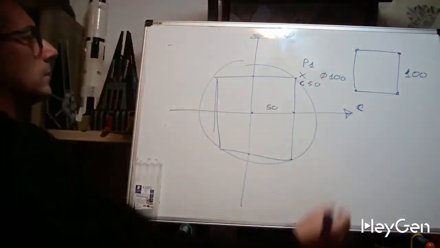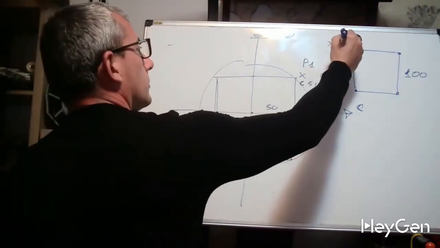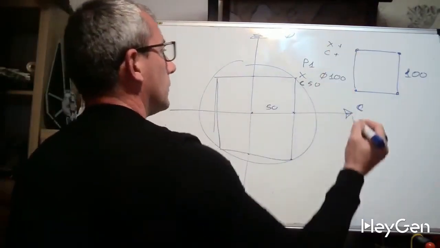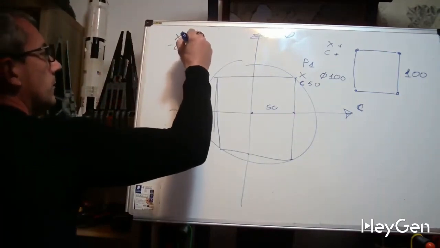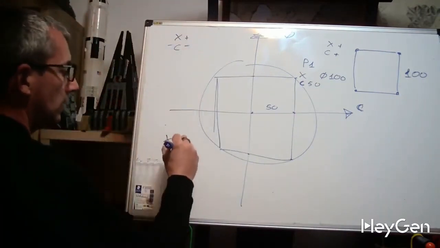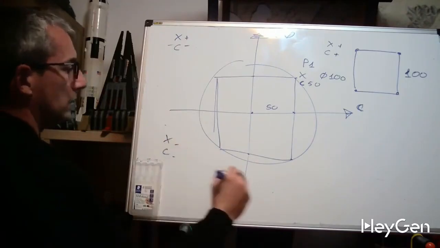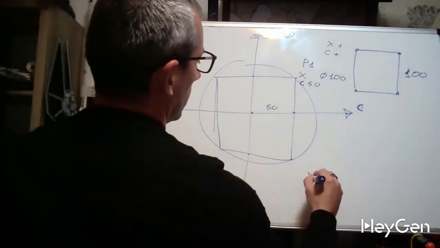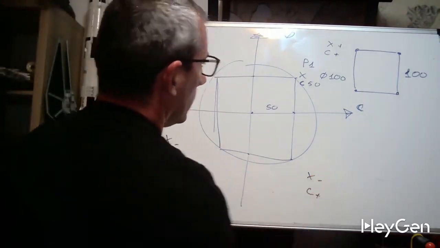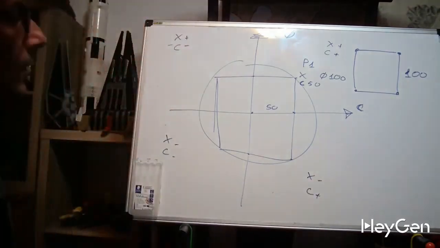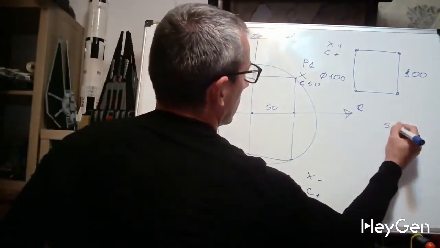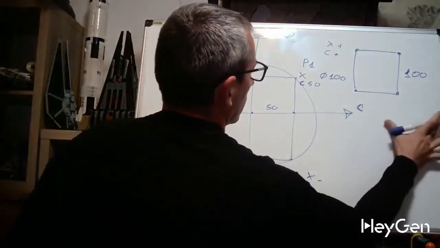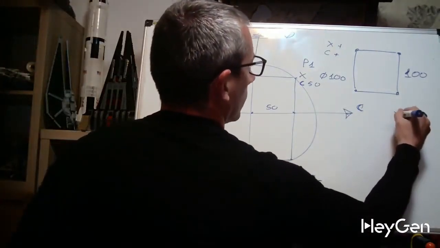Let's remember that we have X plus, C plus in this quadrant, X plus, C minus in this quadrant, X minus, C minus in this other quadrant, and X minus, C plus in this quadrant. So, let's write it down here and take note of it. Point 1. Actually, here we write X.